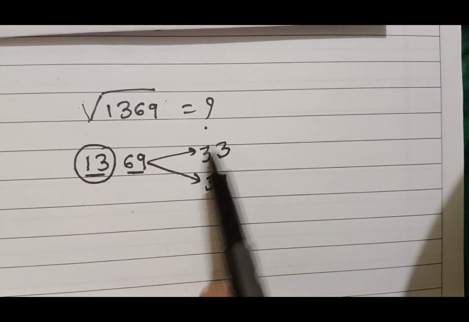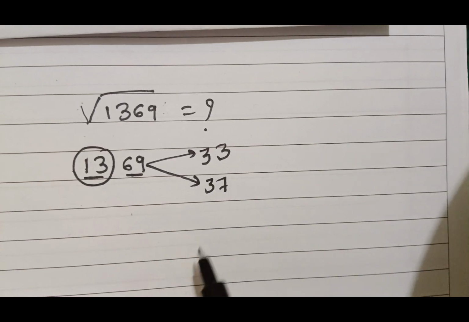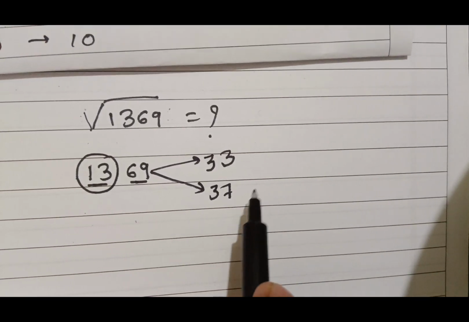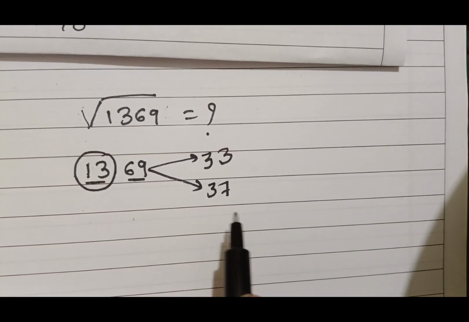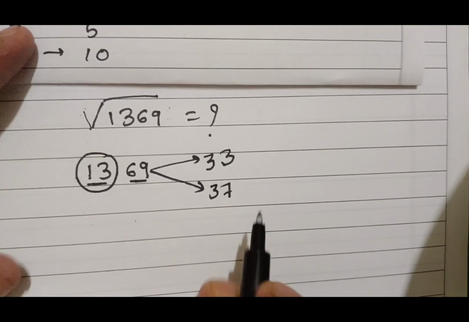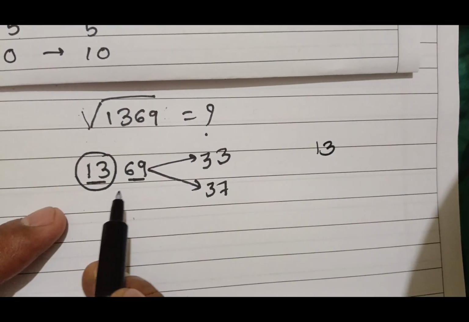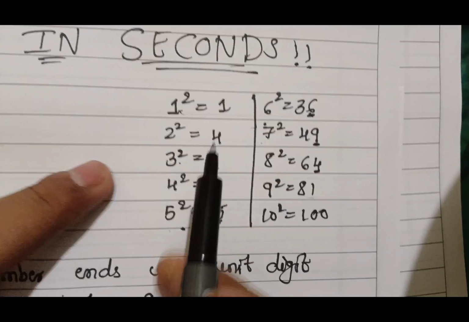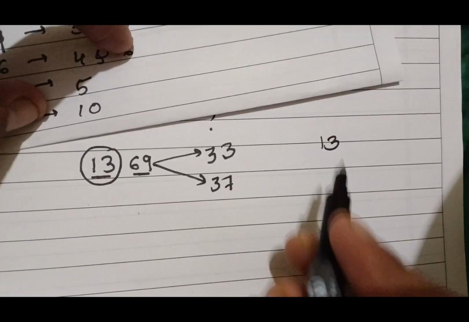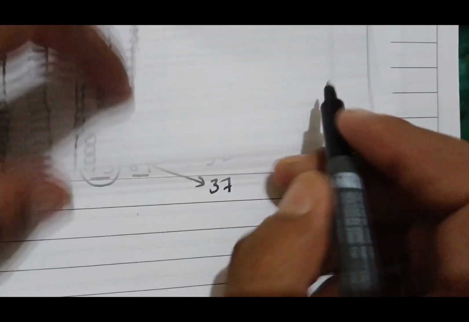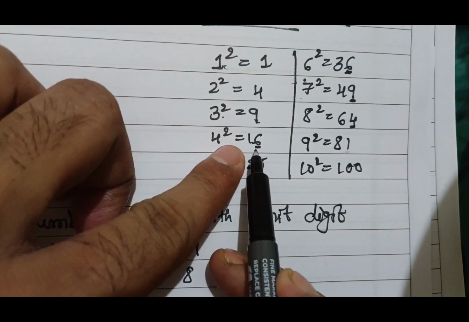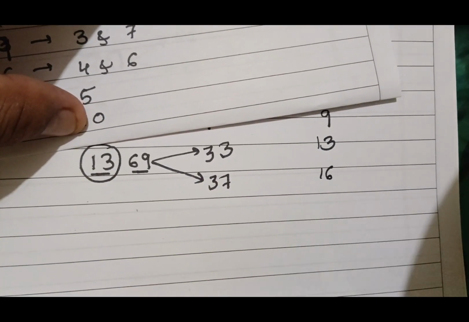So here we got 2 options. From these two we have to segregate the correct answer. How will we find the correct answer from this? Now we got 13, right? And here 3 square is how much? 3 square is 9. Next after that, how much? 16, right?